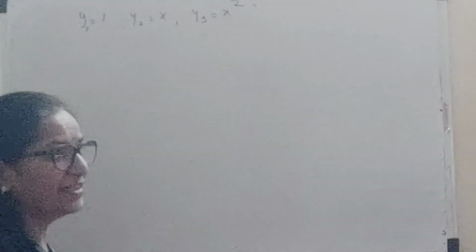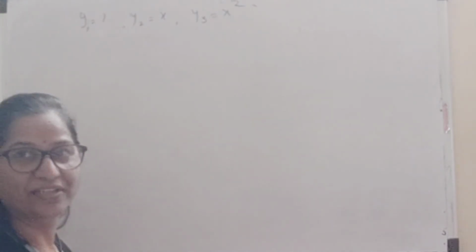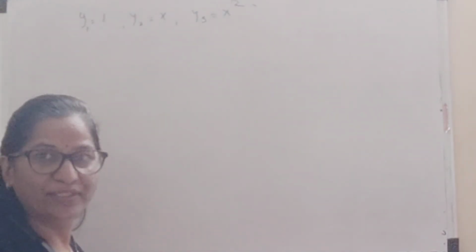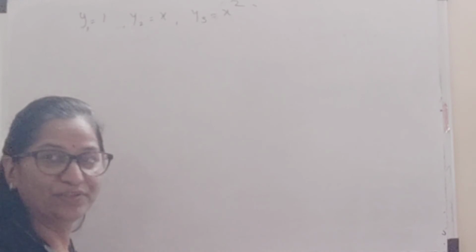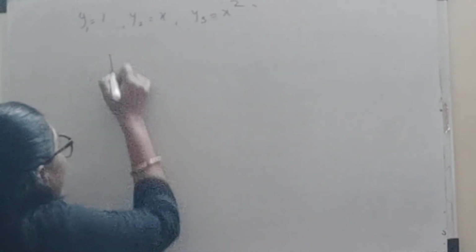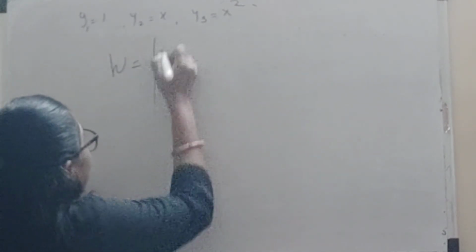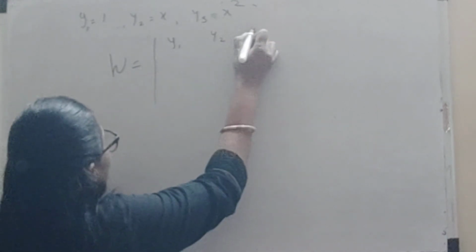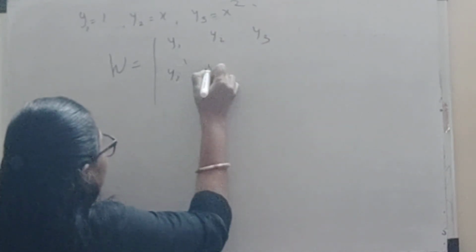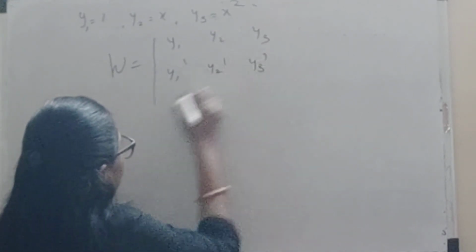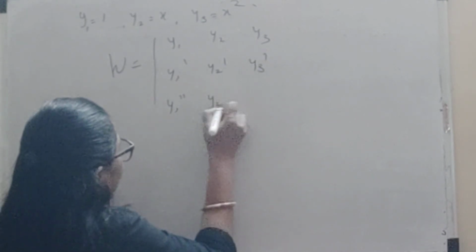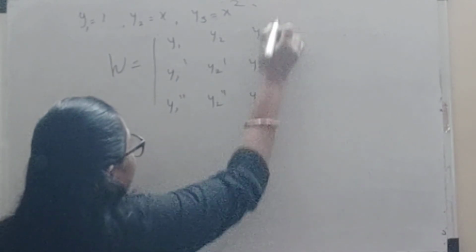We could consider the linear combination and work it out in the same way, but instead we use the Wronskian. So what will be the Wronskian? By definition it is the determinant with rows y1, y2, y3; y1 prime, y2 prime, y3 prime; and y1 double prime, y2 double prime, y3 double prime.